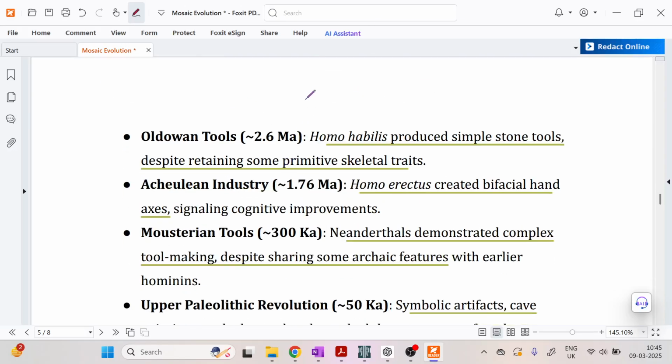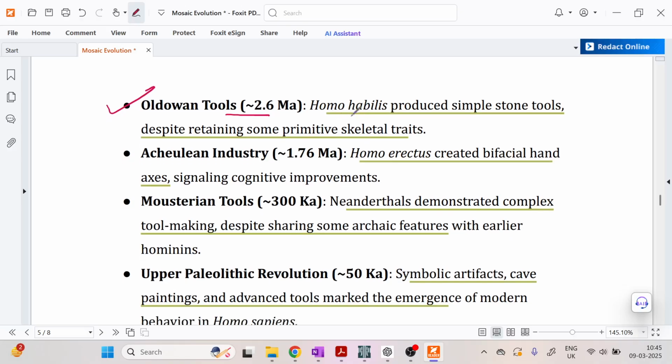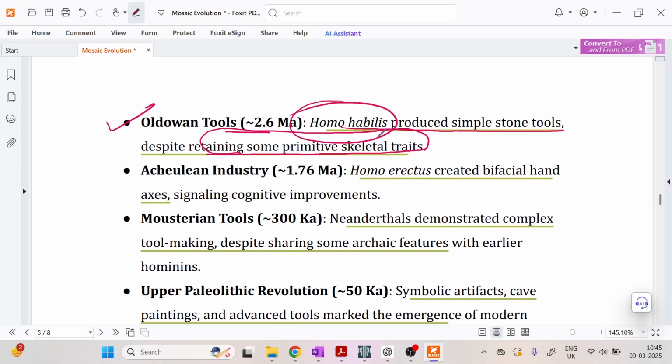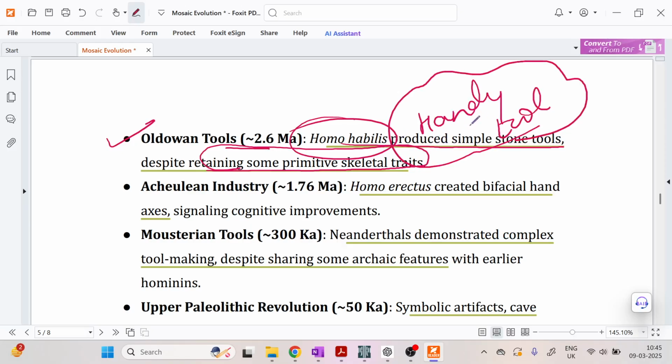So यहाँ पे first older one tools, Homo habilis they produce simple stone tools despite retaining some primitive skeletal traits. So Homo habilis की बात करते हैं. Homo habilis means the handyman, the first species of hominin stock that started making tools.